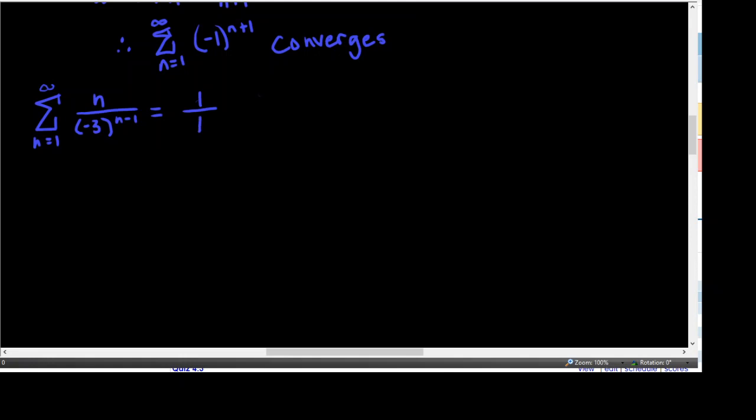Then the next term I'm going to put in 2. 2 minus 1 is 1. Negative 3 to the first is negative 3, which I can write the 3 down here and the negative out in front. Then put in 3. Negative 3 to the 3 minus 1 is 2. Negative 3 squared is 9. That's positive, so I can put a plus here.